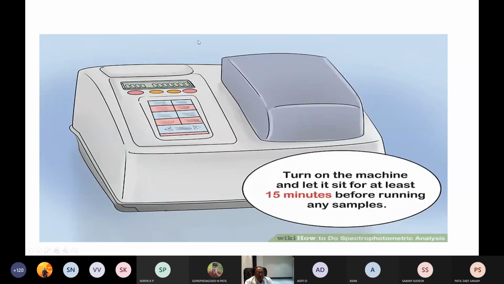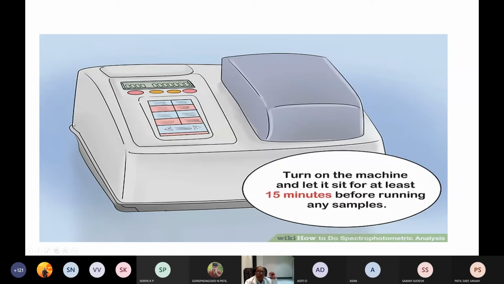The process is that first you turn on the machine and let it sit for 15 minutes. For the spectrophotometer, one requirement is that you have to put it on and allow it to warm up. We call that the warm up position.